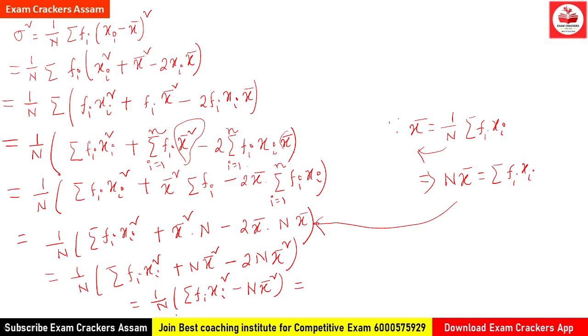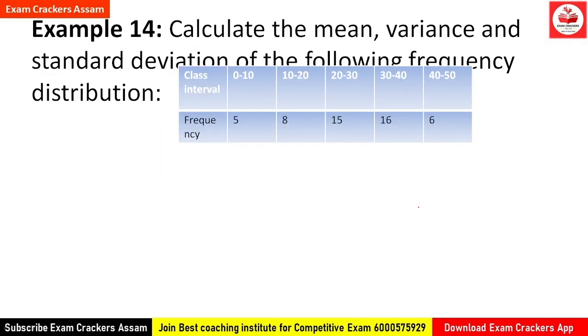Now multiply this 1 by n with each term. So you will get summation fi xi square, and n cancels. So this is your x bar square. So this is the working formula of variance. I hope you understood how we arrived at this working formula from the main formula. So let us discuss one question where you will learn to calculate mean, variance and standard deviation.